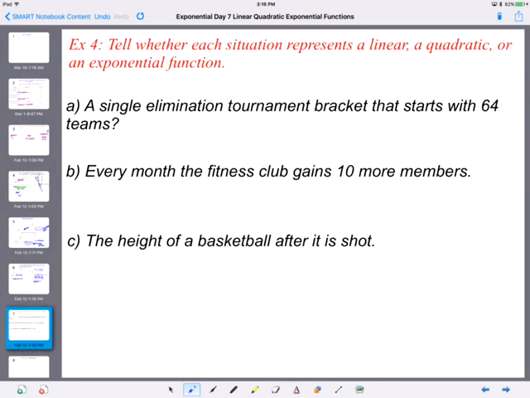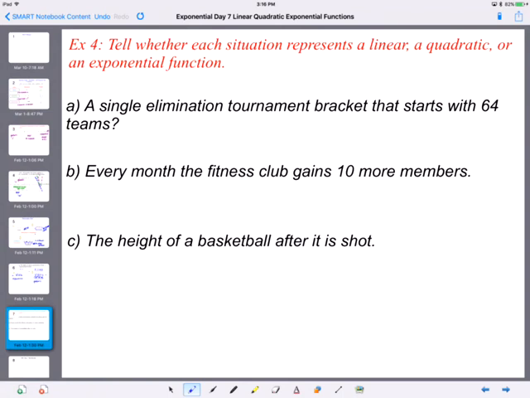The last thing we want to look at are some situations. Now we want to determine from the situation, is it linear, quadratic, or exponential? Example 4a says a single elimination tournament bracket starts with 64 teams.